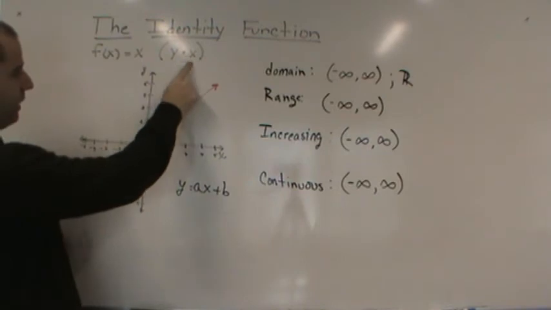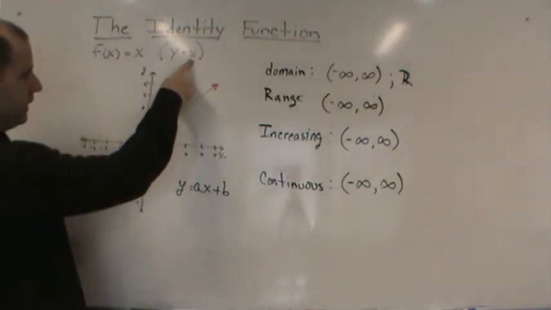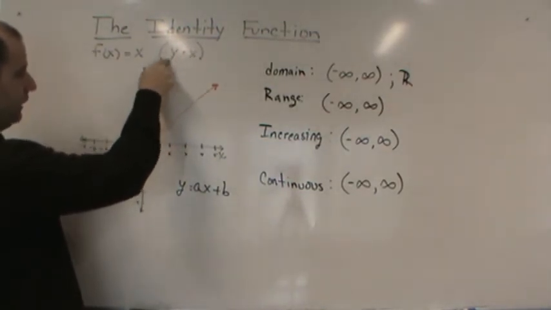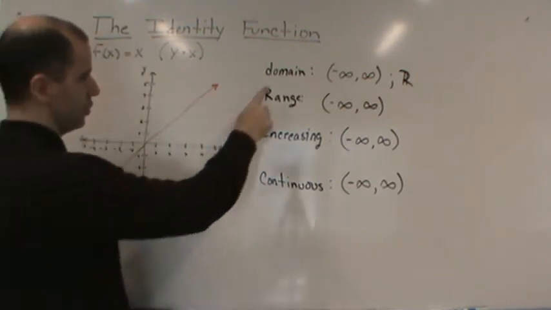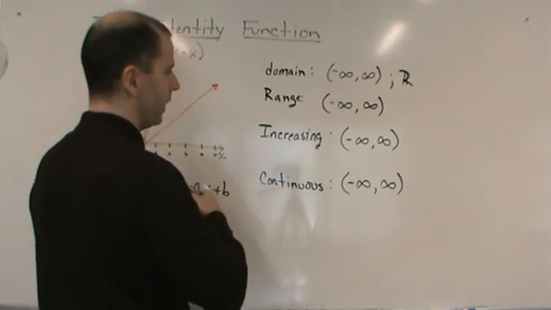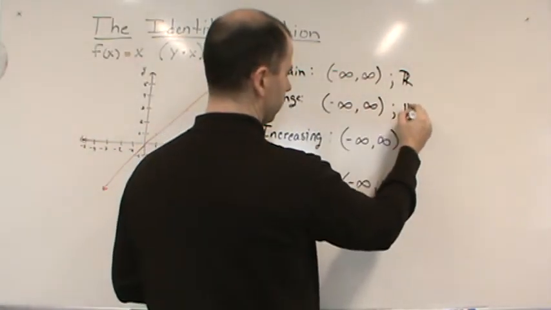That should make sense, because if I can put in all values of x, and all values of y are equal to values of x, then these have to be the same. So the range is also all real numbers.